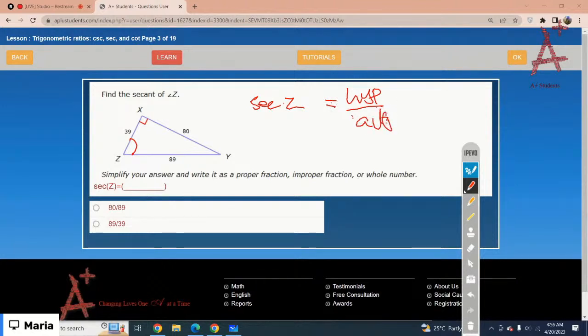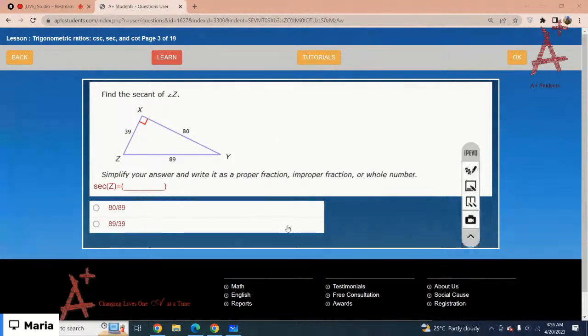Got it? So hypotenuse in this case is 89 and adjacent is 39. So it would be 89 divided by 39. Secant z equals 89 divided by 39. That would be the second option. Got it?